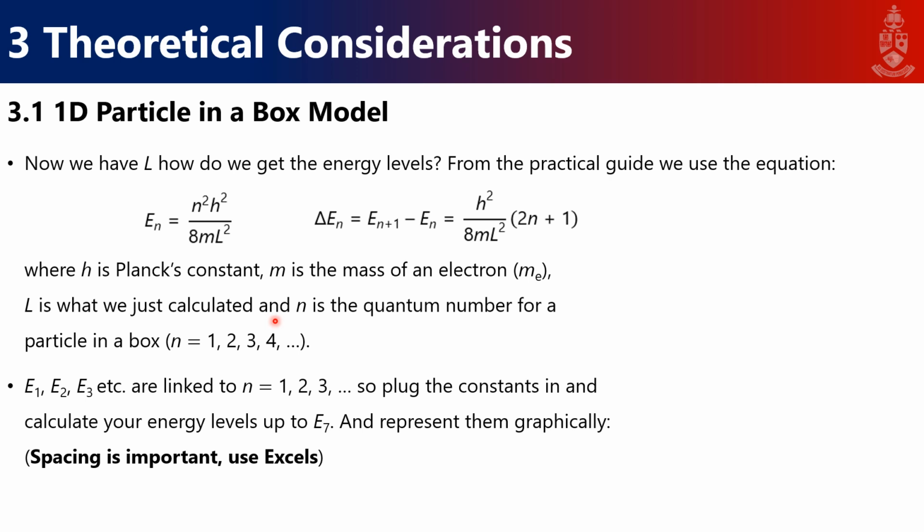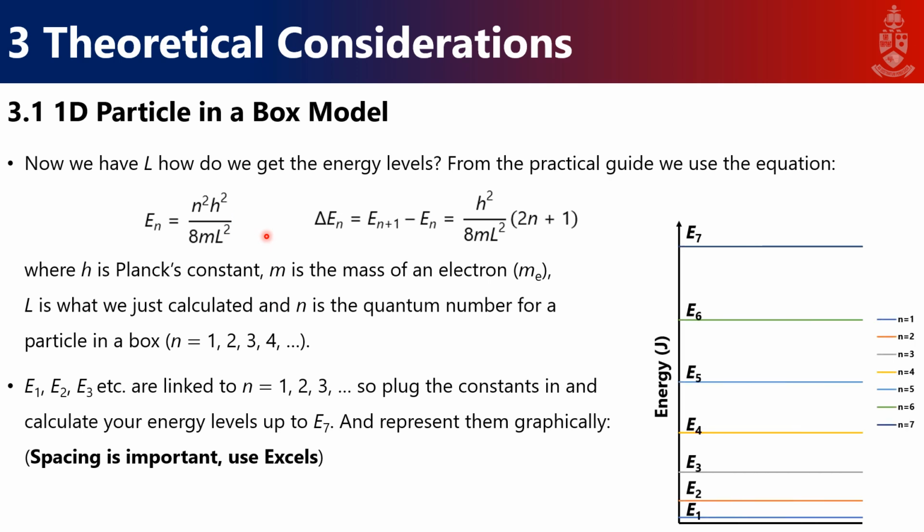If you plot the energy levels using Excel, it should look something like this. It should have an increased spacing for each increasing energy level, which makes sense from this equation, since the energy is proportional to n squared. So the spacing should increase with each subsequent energy level.